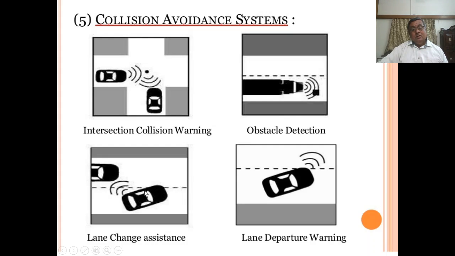Here also lane change assistance is given by the sensors so that this car can safely overtake this car. Then lane departure warning is also given, that you have departed the lane and entered a new lane.